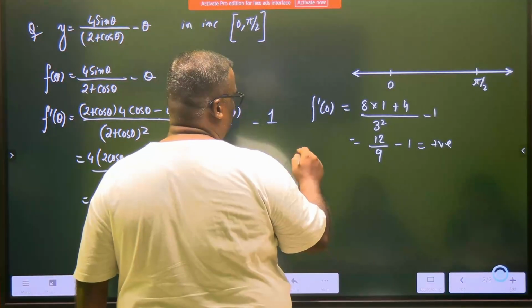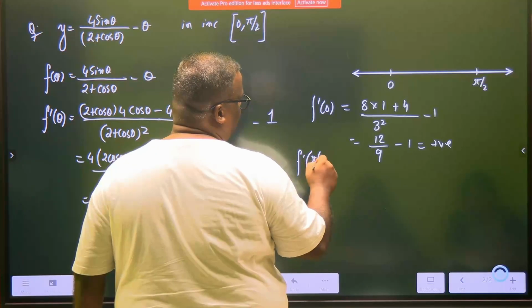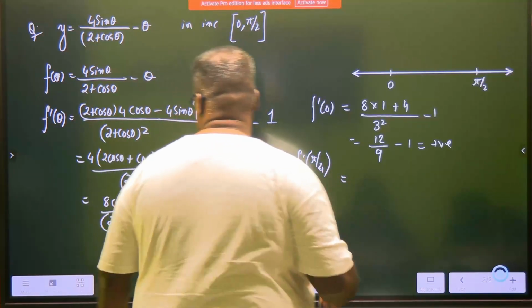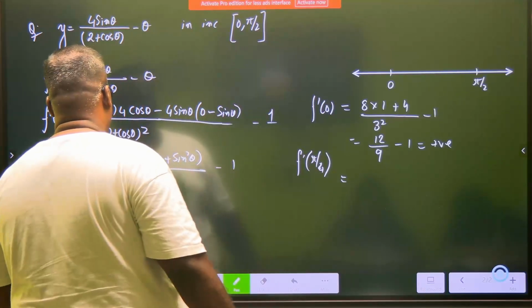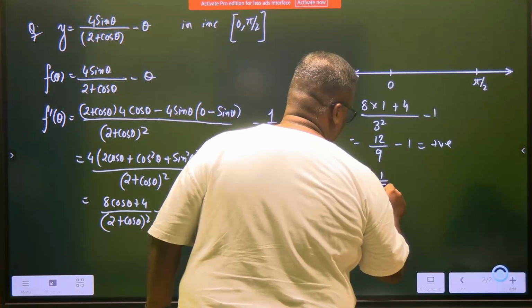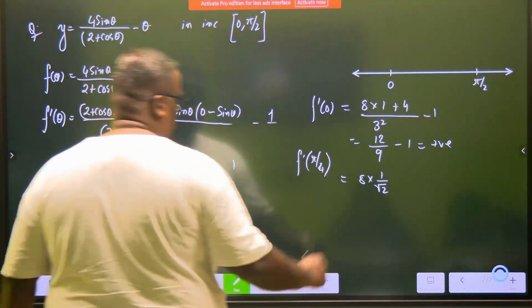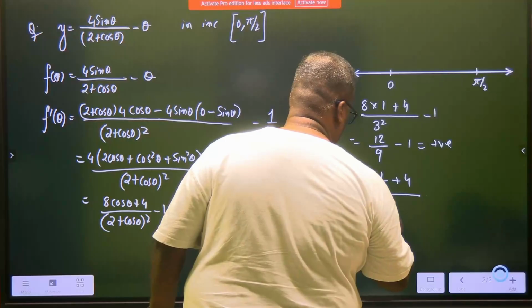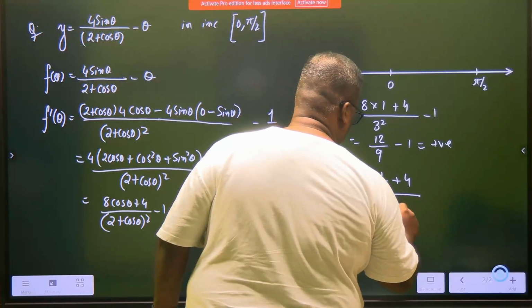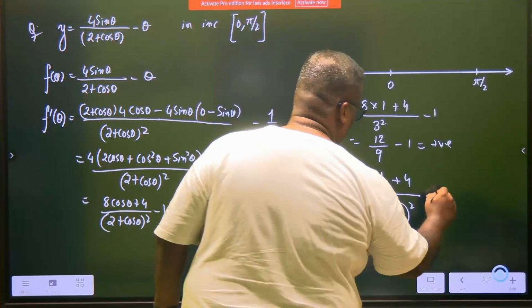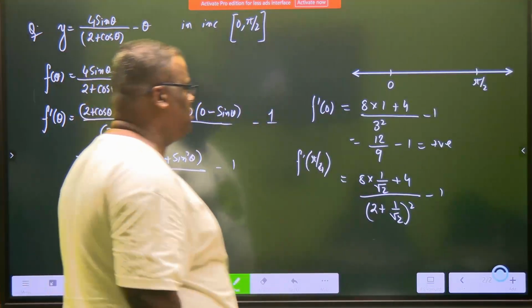Now look at f dash pi by 4: 8 into 1 by root 2 plus 4, divided by 2 plus 1 by root 2 whole square, minus 1. You just have to show that this is positive.